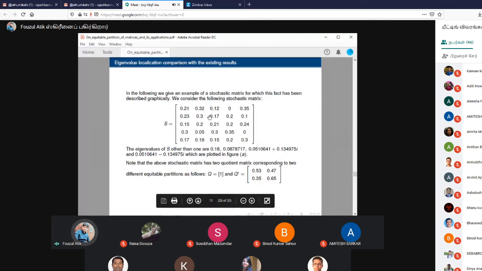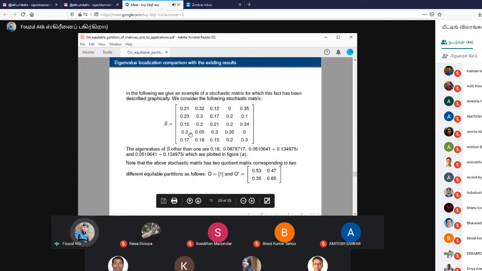But this stochastic matrix has something else. It is not only one partition; you can also partition it into two partition sets. I have already mentioned it in the previous slide. If you take this partition, you can see that this block has constant row sum, this block also has constant row sum, and so do the other two blocks.